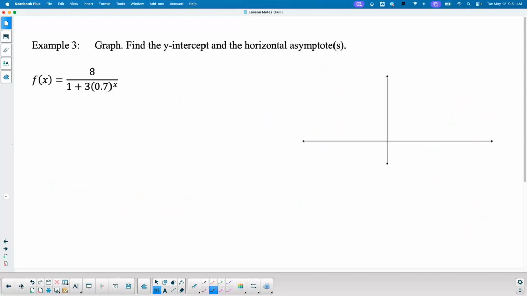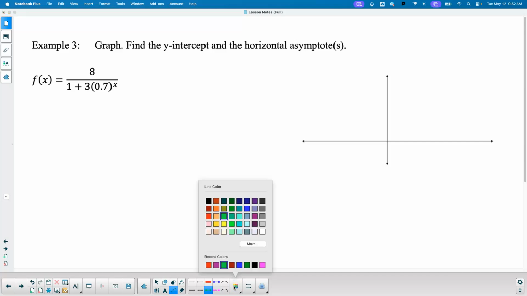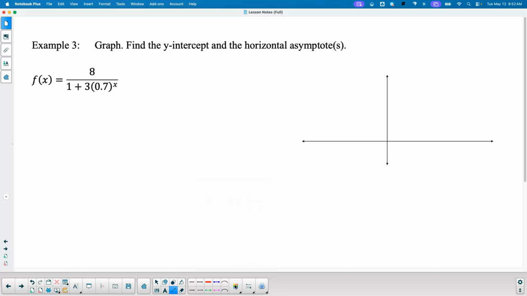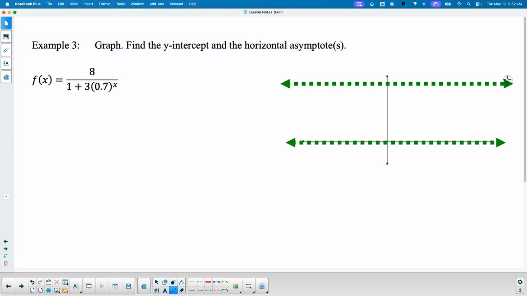Let's graph a logistical function. This one has, first off, we can start with our horizontal asymptotes. It's got 1 at 0, and it's got 1 at what? 8.